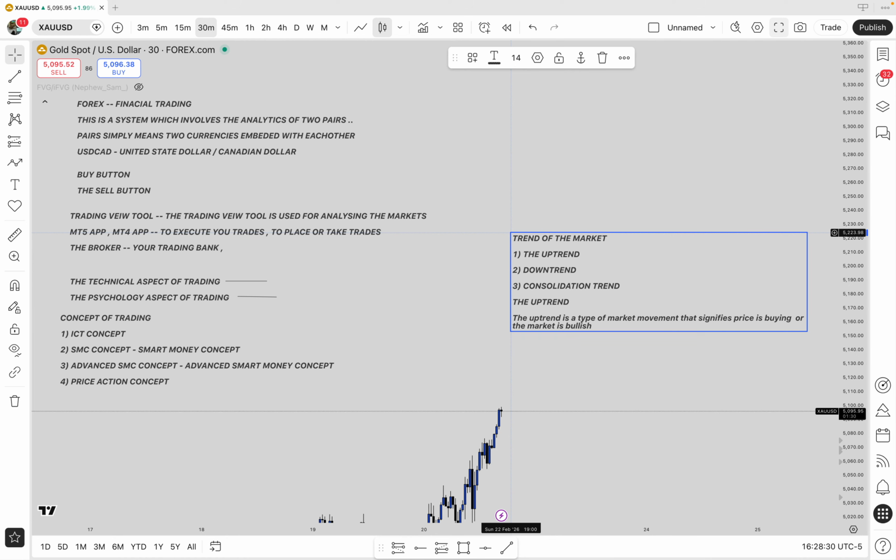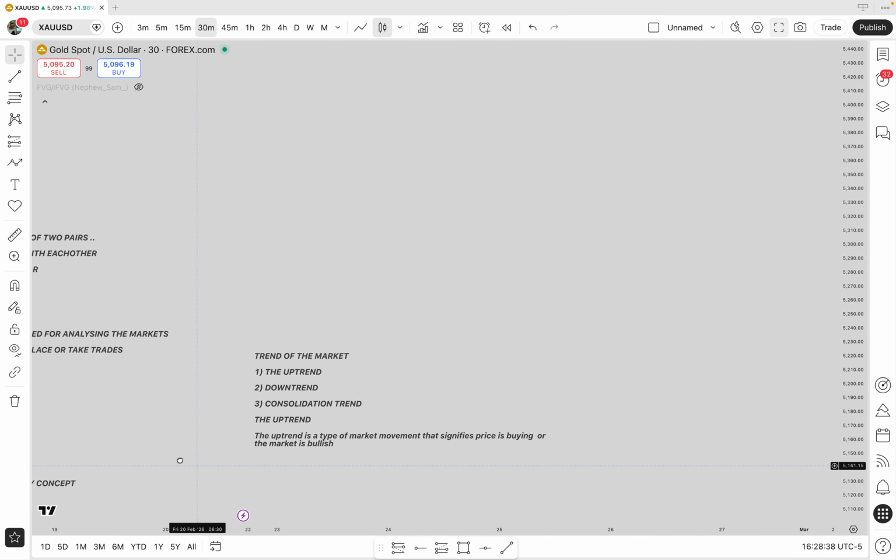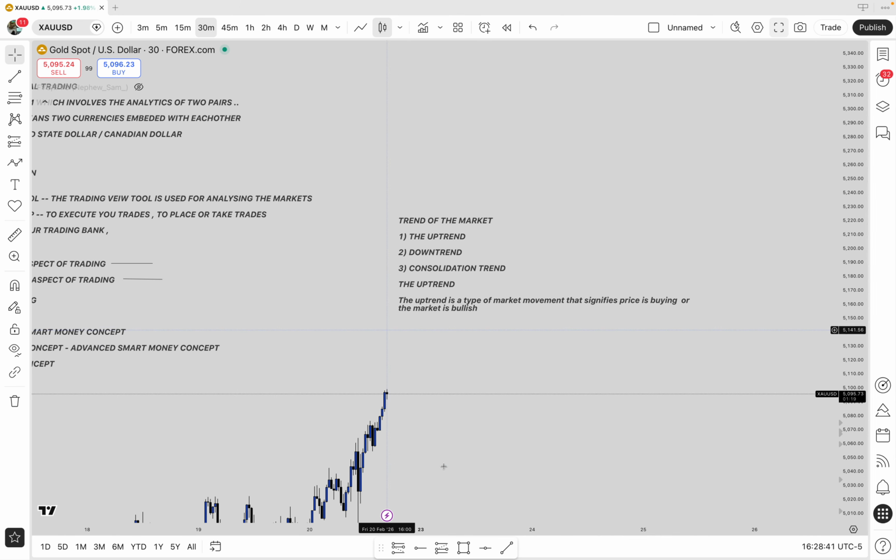Now, when they say something is bullish, they also mean in an uptrend momentum. So this simply means that what? The price, right? This stuff that you're seeing here, right? It simply means that what? It's going up. It's simply going up.